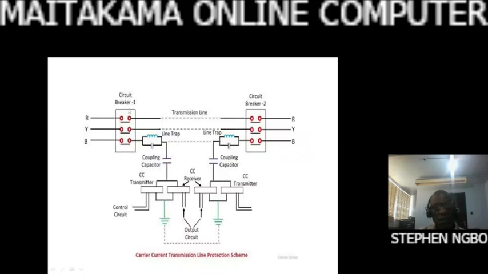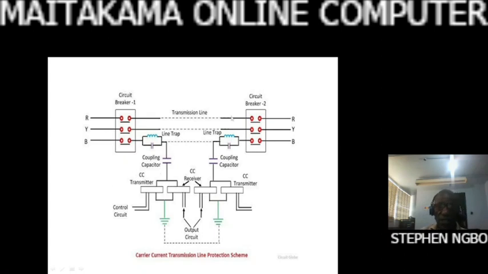The circuit diagram of the carrier current protection scheme. As I've said earlier, the carrier channel has the following basic four elements: the line trap, the coupling capacitor, the transmitter, then the receiver.